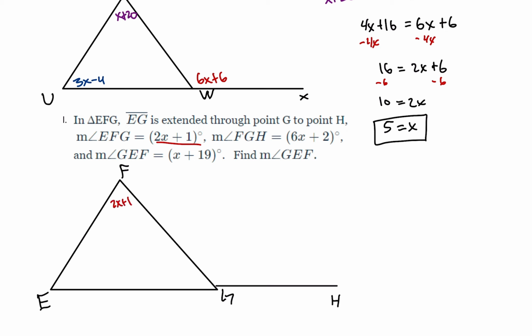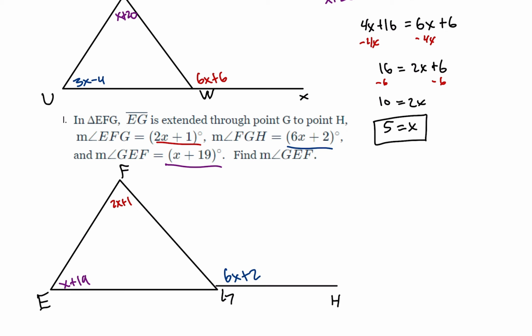Then it says FGH is 6x plus 2. So this is 6x plus 2. And then GEF is x plus 19. Now it says to find the measure of GEF. So I'm trying to find what this angle right here is.